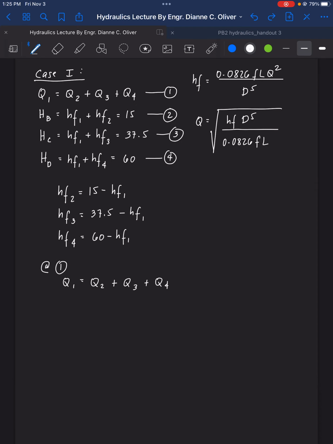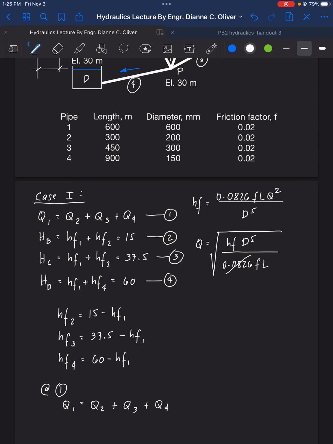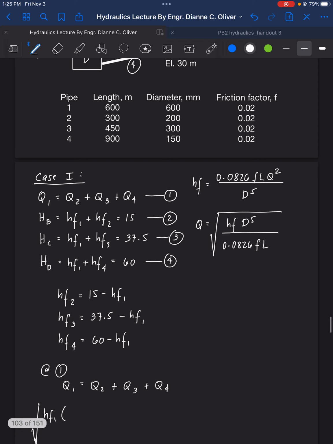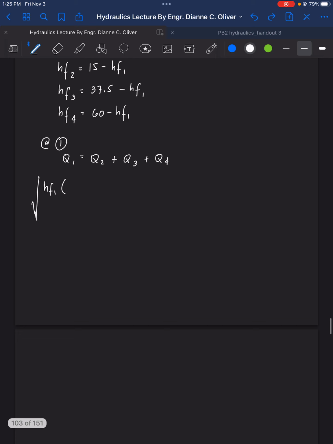So since all the pipes have the same constant and friction factor F, we will remove 0.0826 and F. So for Q1, that is the square root of HF1 times the diameter for Q1, which is 0.6 raised to 5, all over the length, which is 600 meters, equals Q2.